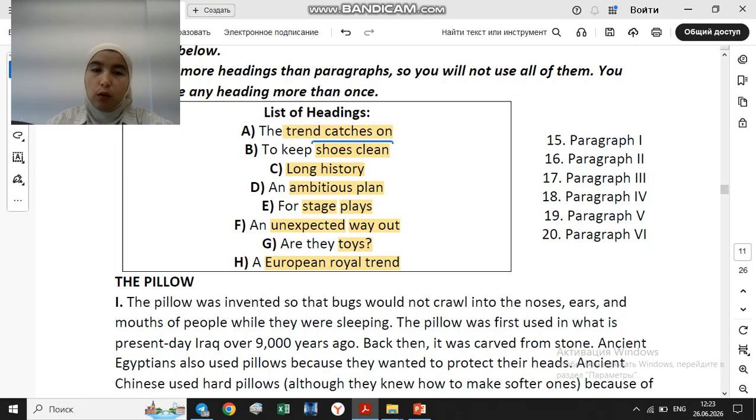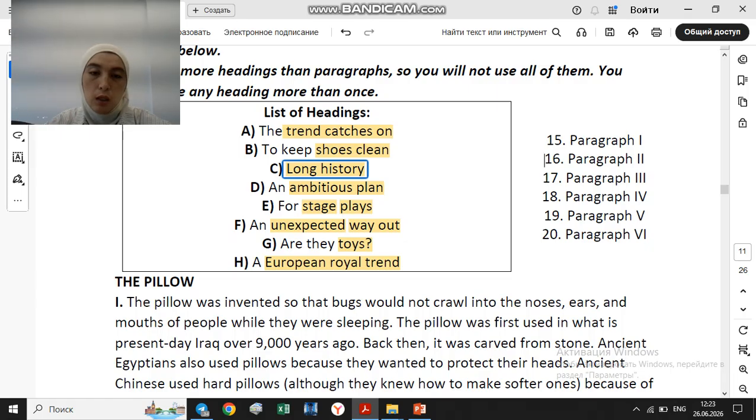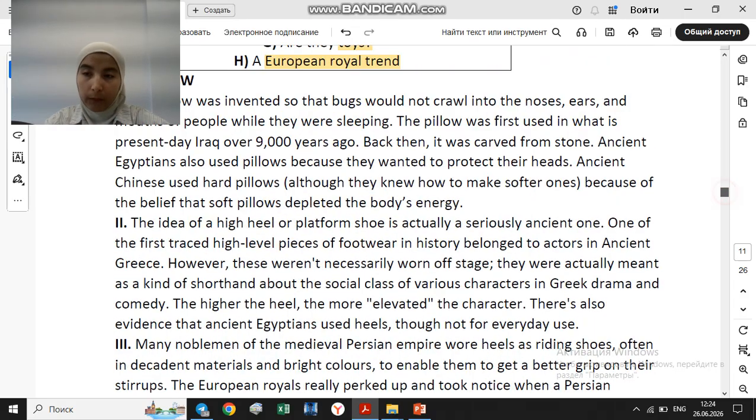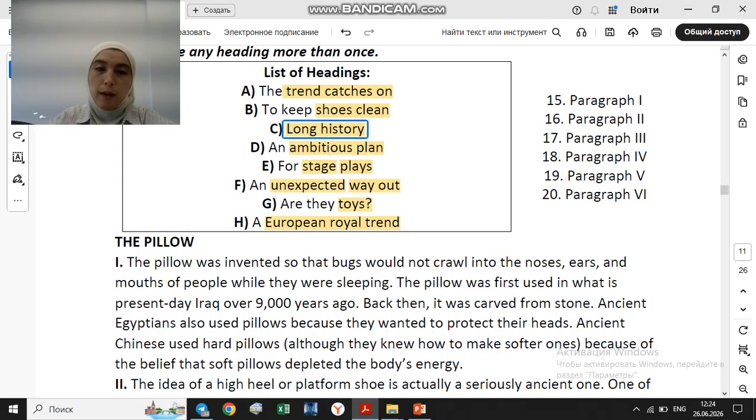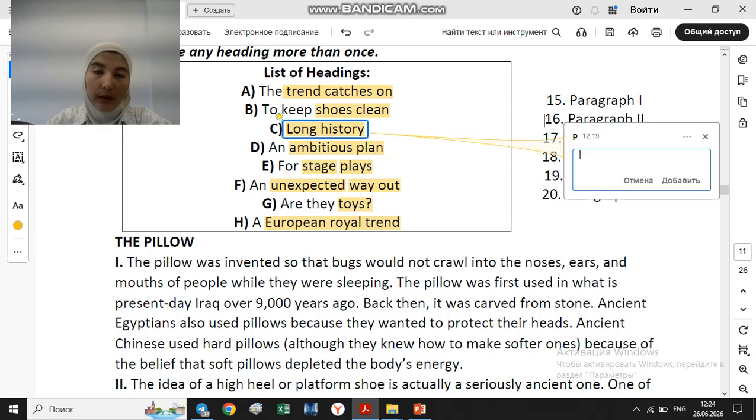The trend catches on, to keep shoes clean, long history, ambitious plans, stage plays. So I think long history is the best paragraph here, as far as I know.